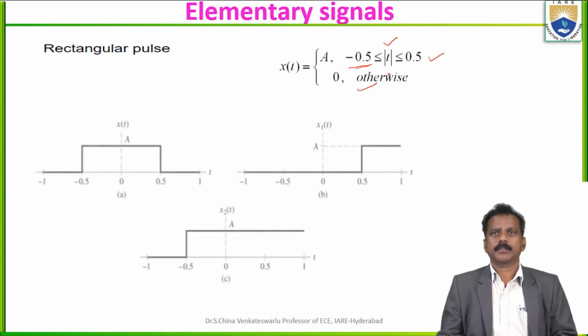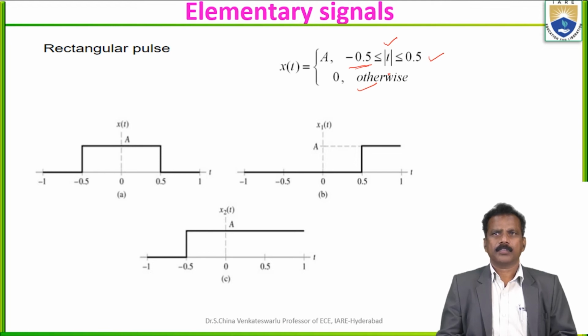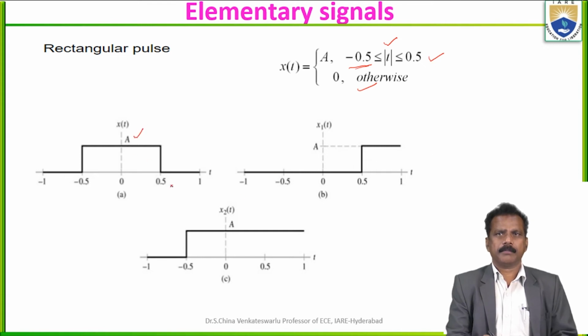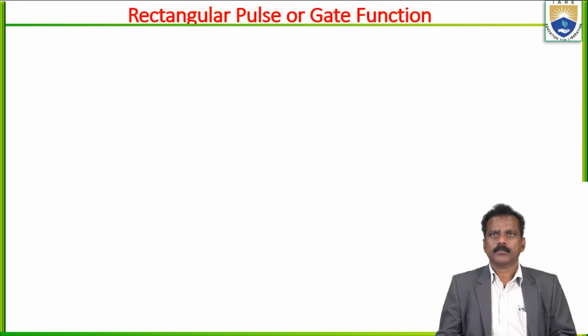So we can represent t versus x of t like this, based on 0.5, with plus 0.5 and minus 0.5. Next, x1 of t, the rectangular pulse is specified like this. The rectangular pulse is also called the gate function.